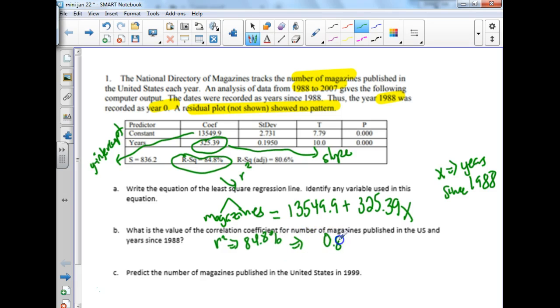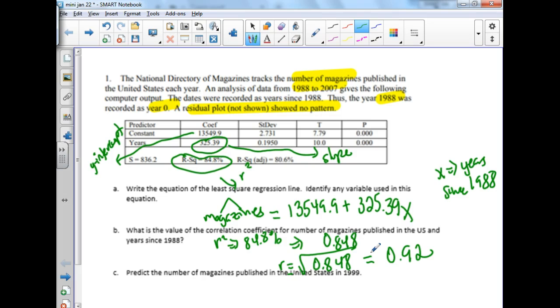We must first change that to a decimal, and from there I will figure out what my r is. So I will take the square root of 0.848, which will give me 0.92. That is my correlation coefficient.